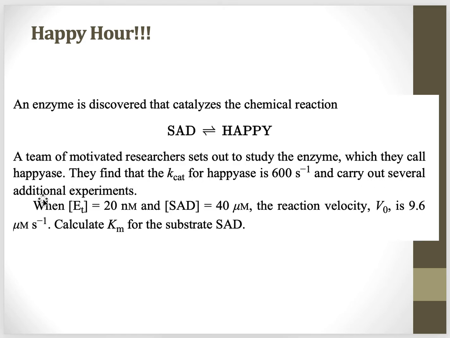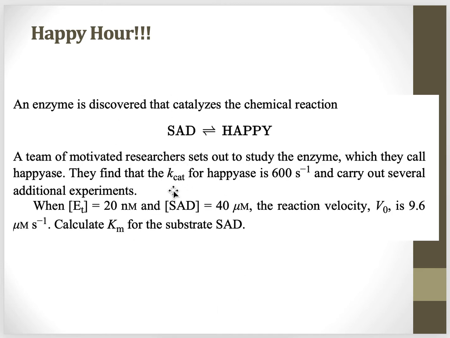When the concentration of Et is 20 nanomolar and the concentration of SAD, the substrate, is 20 micromolar, and the reaction velocity V0 is 9.6 micromolar per second, calculate the Km. So this is the problem.